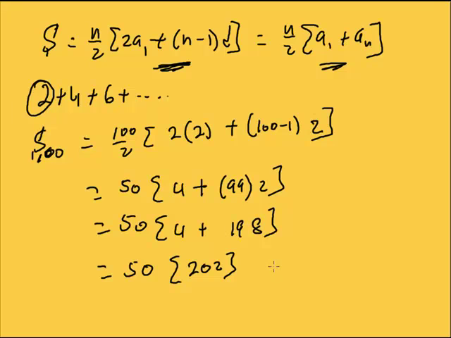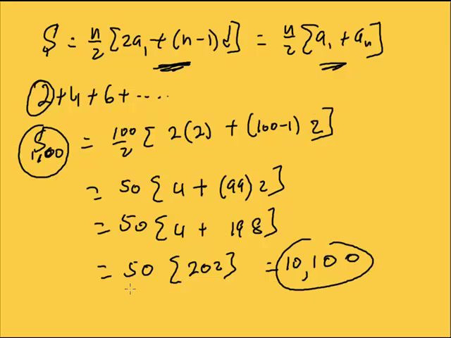When you multiply this out, you're going to get 10,100. So there it is. That's the sum of the first 100 terms. Now sometimes they give you the last term, so they won't tell you how many terms you have. You have to go find that.